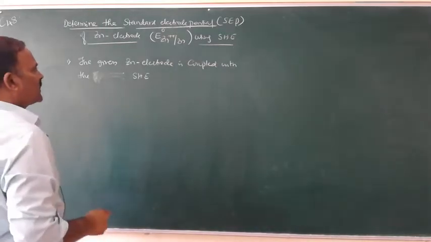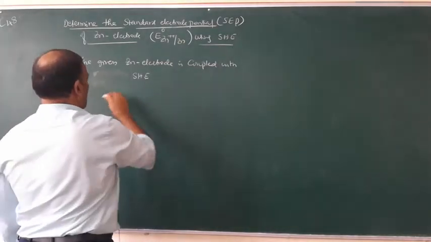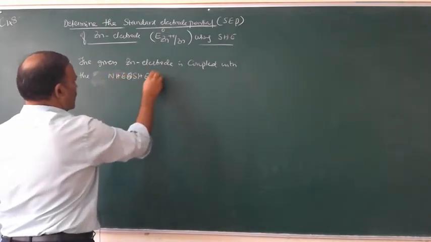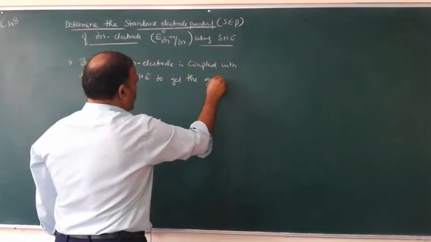The given zinc electrode is coupled with standard hydrogen electrode or NHE to get the galvanic cell.